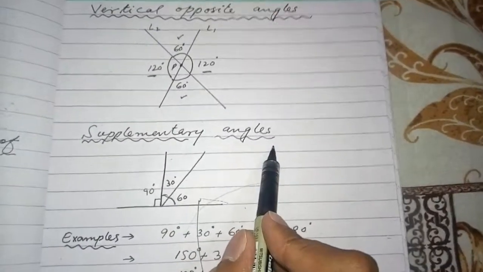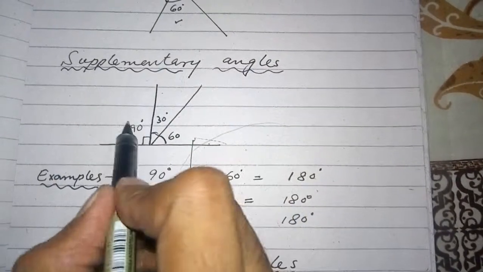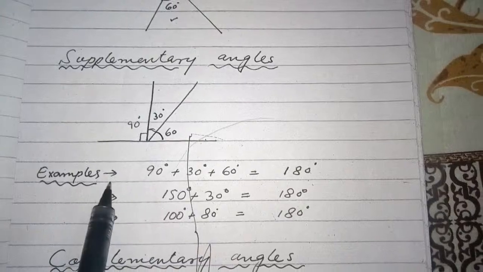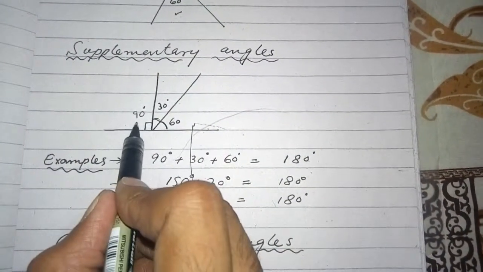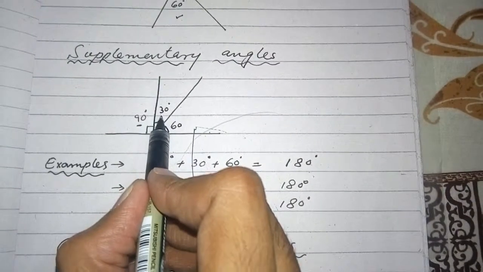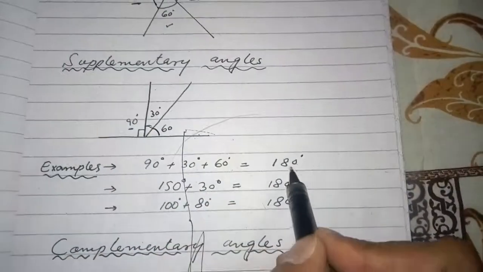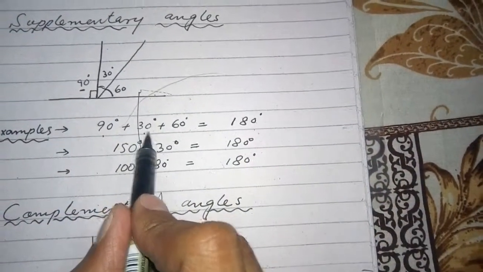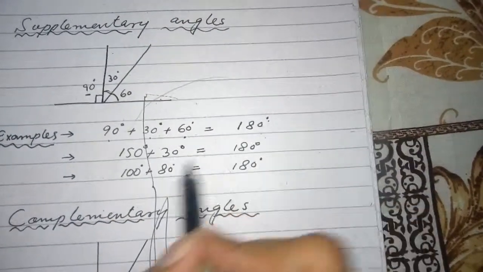Supplementary angles. Supplementary angles are those angles whose sum is equal to 180 degree. For example, in this shape we can see 90 degree, 30 degree and 60 degree. When we sum up all these angles, it is equal to 180. 90, 30, 60 equals 180.